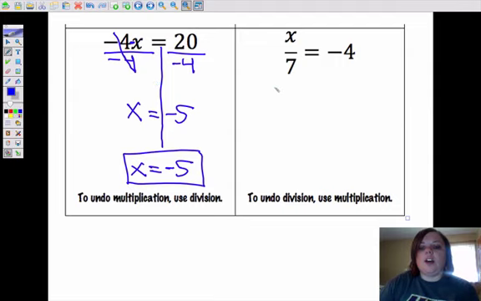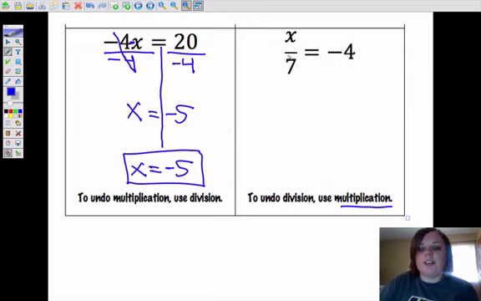All right, on our last one, we have x divided by 7 is equal to negative 4. Remember, in algebra, instead of using the traditional division symbol, we use the fraction bar. Fraction means divide. So to undo division, we're going to use multiplication, the opposite.